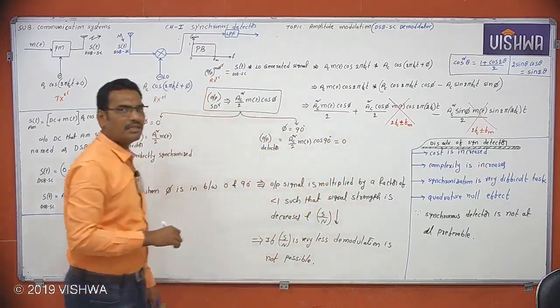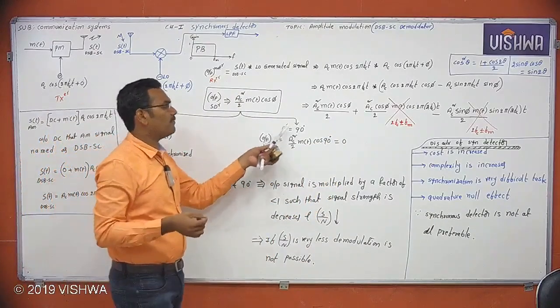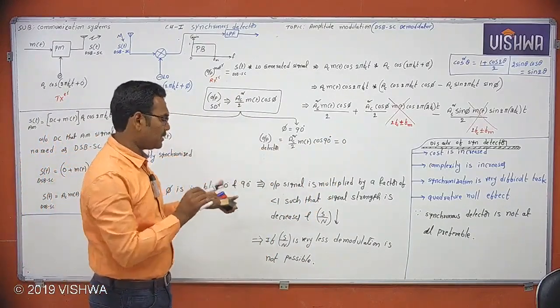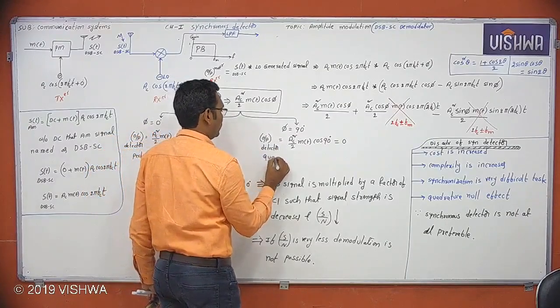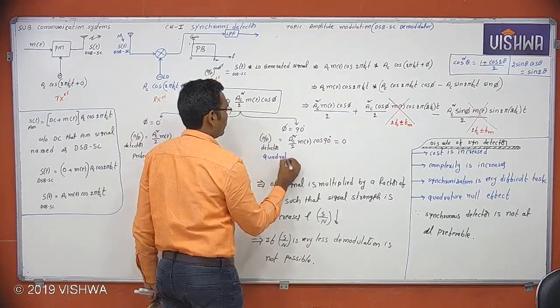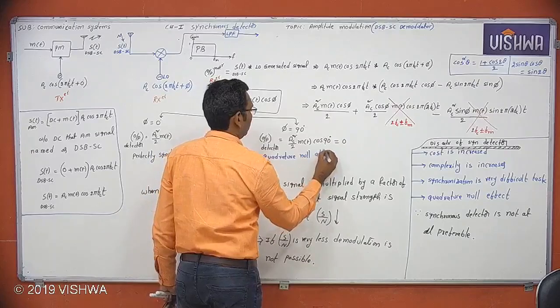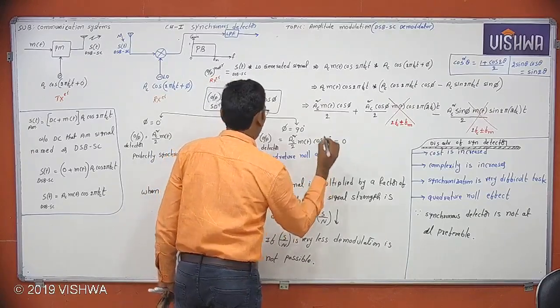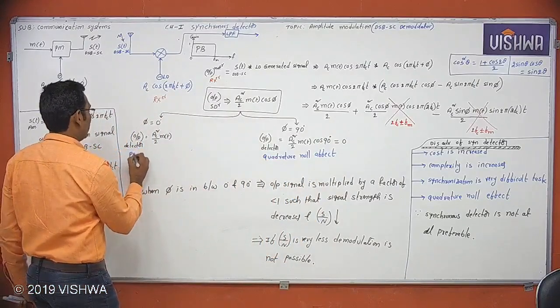Now the output is 0, nothing is coming when the phase is mismatching by 90 degrees. This effect is called the quadrature null effect.